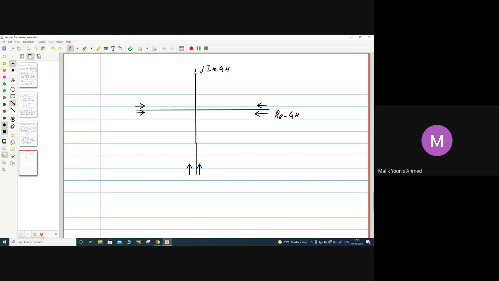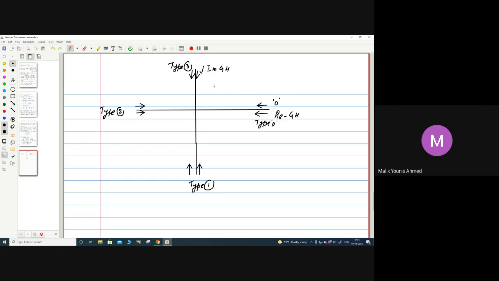Later on you can check it, but if somebody has already checked it, he can memorize it like this. We have type 0 here, then type 1 here in a counterclockwise direction, this is type 2, and this is your type 3.